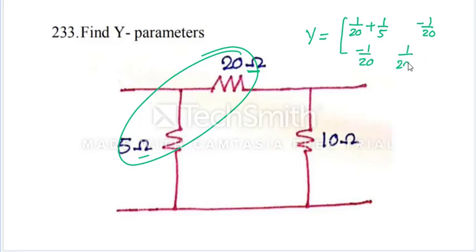Next, 1 by 20 plus 1 by 10. So we need to convert them in what form, it is a mho first of all. And then we need to simplify it like this.